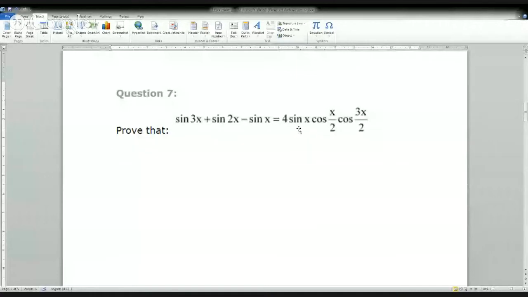So we need to prove that sine 3x plus sine 2x minus sine x is equal to 4 sine x cos x by 2 plus cos 3x by 2. So in similar fashion, we'll be using the identities which we have learned till now, and how to use it I will just show you over here.